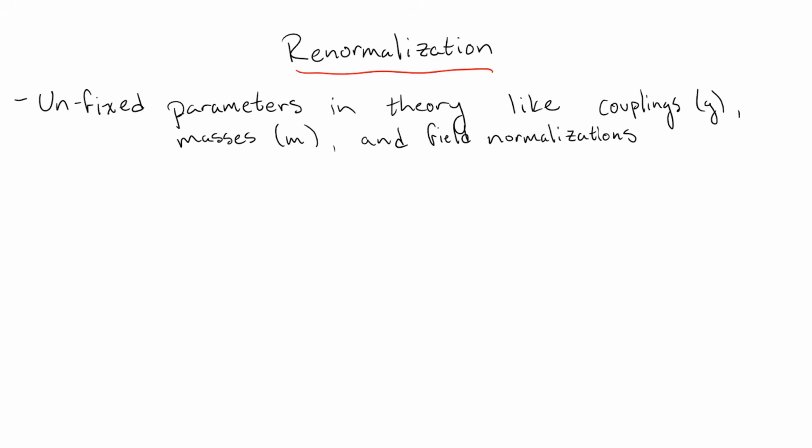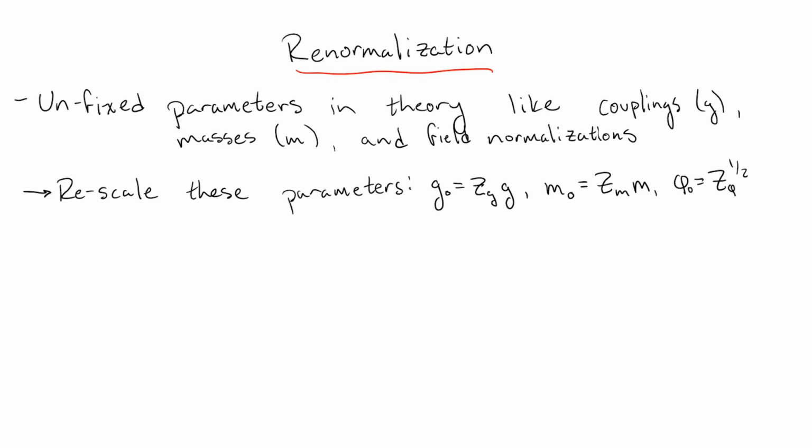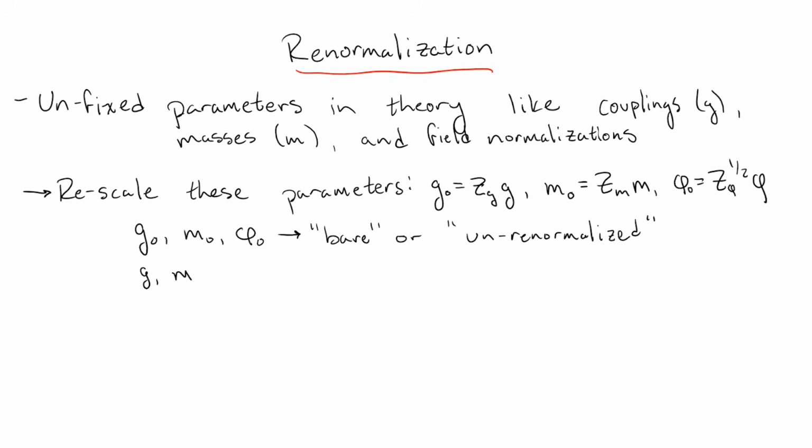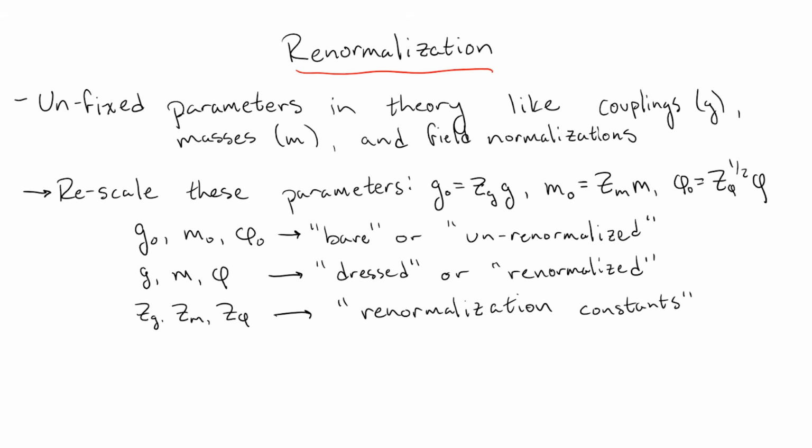So, just like we did for x a minute ago, we can rescale these by some arbitrary amount, so that our old parameters, typically called unrenormalized or bare parameters, are written as a product between some arbitrary constants, which we'll call renormalization constants, and new parameters, usually called renormalized or dressed parameters.